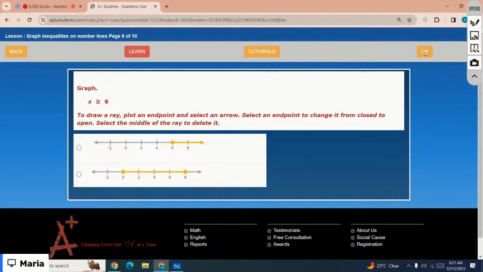Okay, the next one is graph x is less than or equal to 6. Which is the correct option? X is greater than or equal to 6. So which is the correct option?